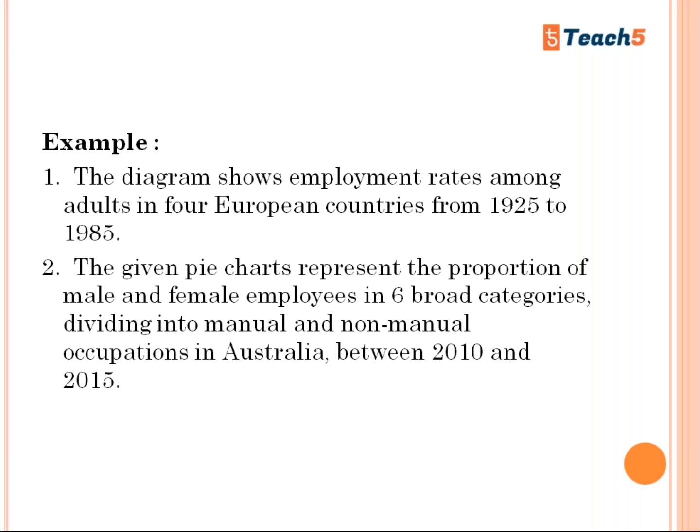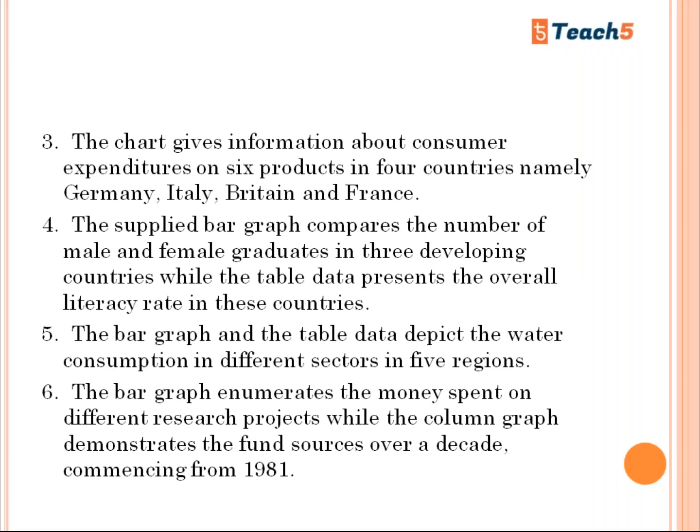The given pie charts represent the proportion of male and female employees in 6 broad categories, divided into manual and non-manual occupations in Australia between 2010 and 2015. This is another perfect example where we can start.